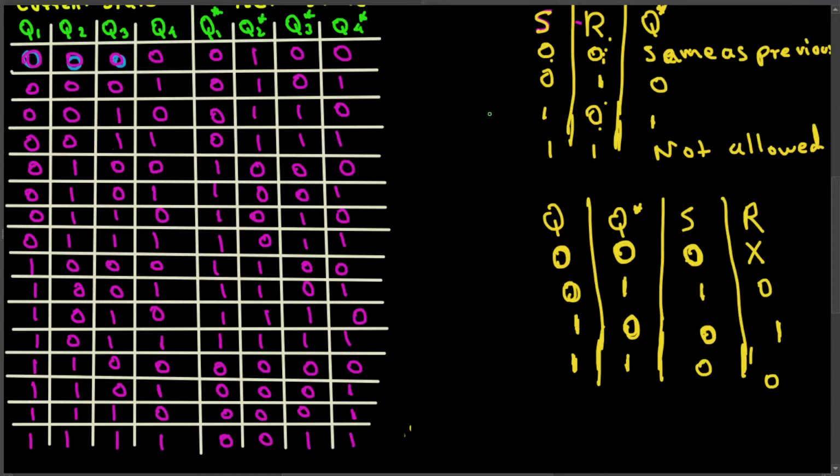Using this, we can derive the truth table for all the next states right here. Let's do it. Here we are going to have how many flip-flops? 4 flip-flops. So I'm going to need 4 spaces for it. Let's keep this diagram somewhere in the corner.